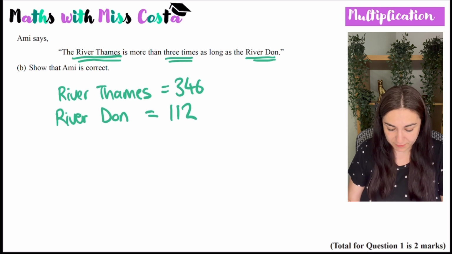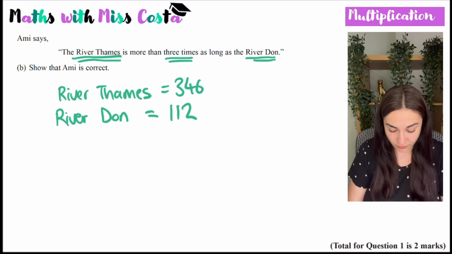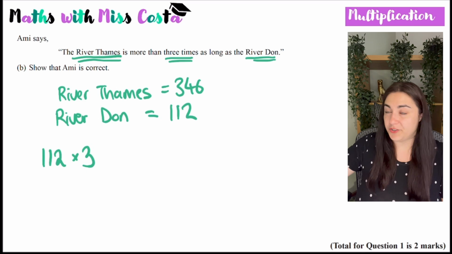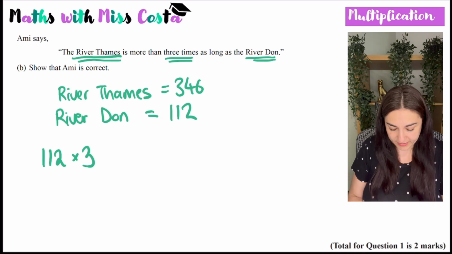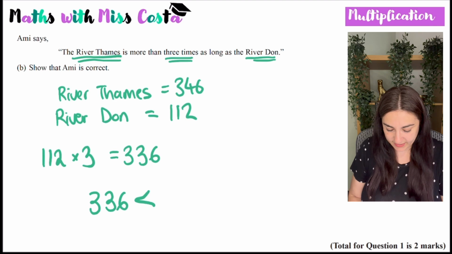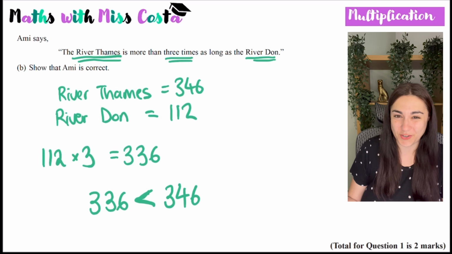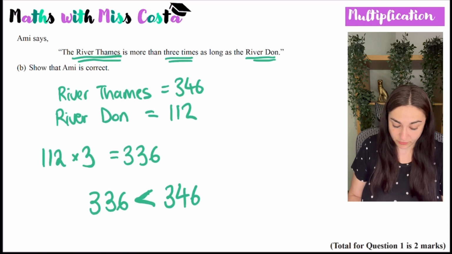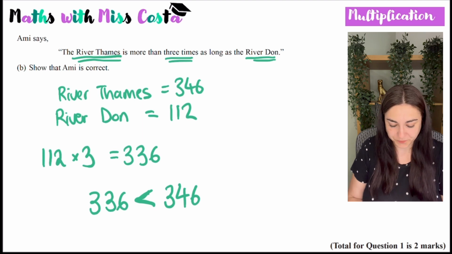So if it was more than 3 times as long as the River Don, we need to do 112 times by 3 and show that the River Thames is more than that. So 112 times by 3 is 336. And I know that 336 is less than, this inequality means less than, 346. So that's how you can show that. You just know that 3 times the River Don is 336, and that's less than 346.